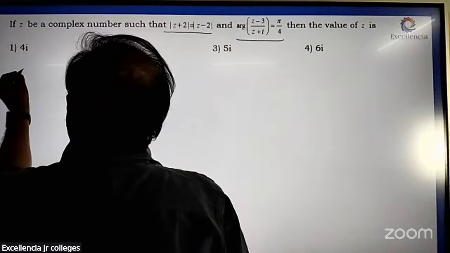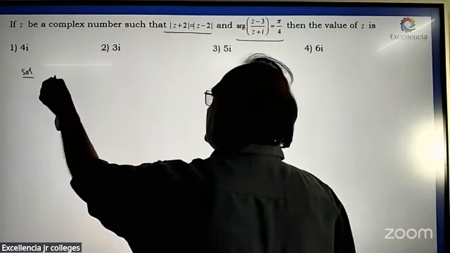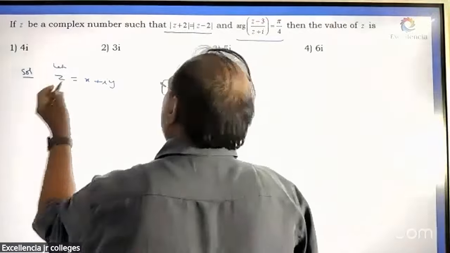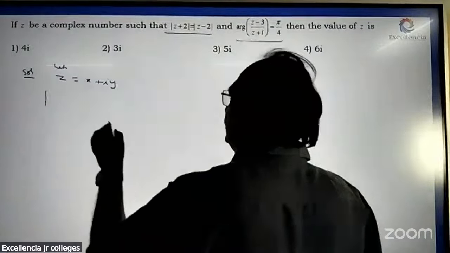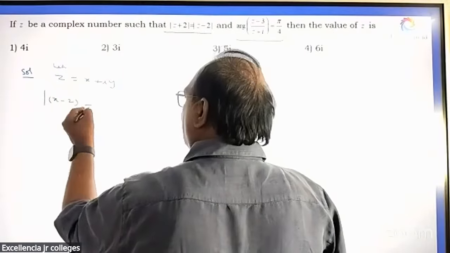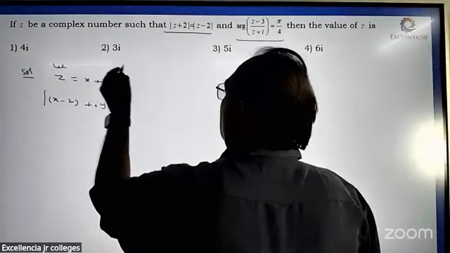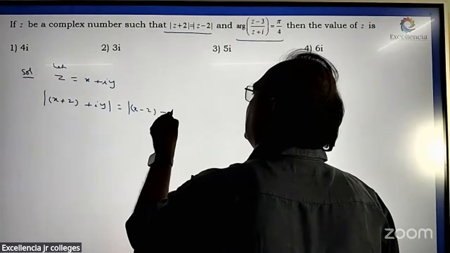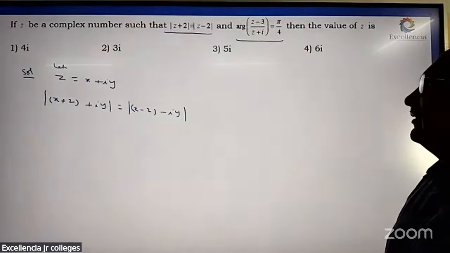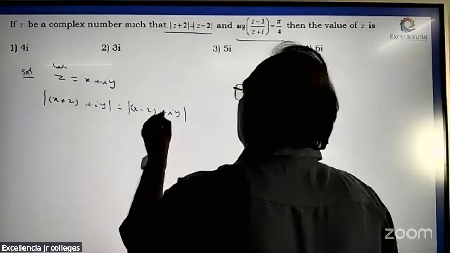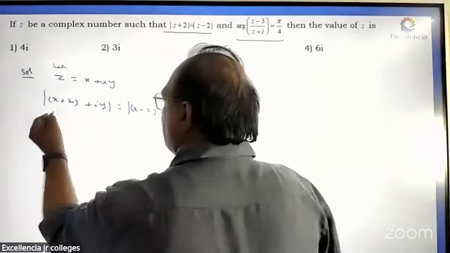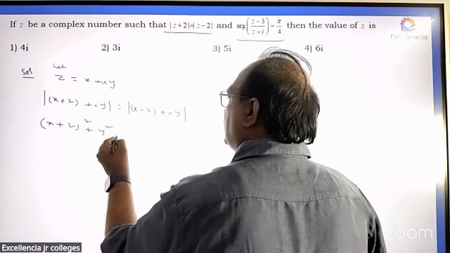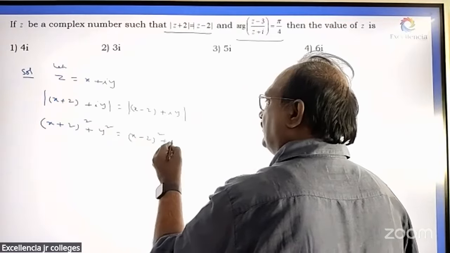So here the solution starts like this. Let Z is equal to x plus iy. So modulus of Z plus 2 is equal to modulus of Z minus 2. That is nothing but (x plus 2) plus iy, modulus, is equal to (x minus 2) plus iy, modulus. Now the modulus of this is (x plus 2) whole square plus y square is equal to (x minus 2) whole square plus y square.